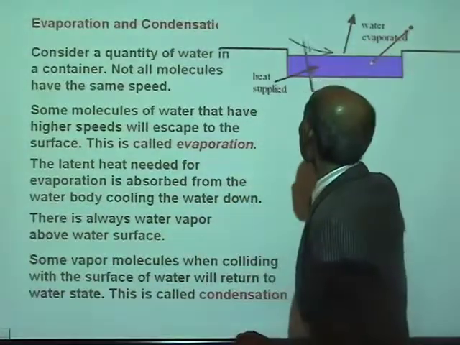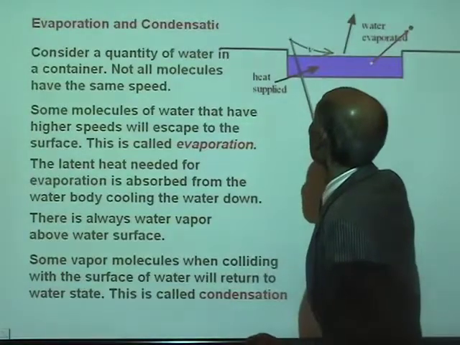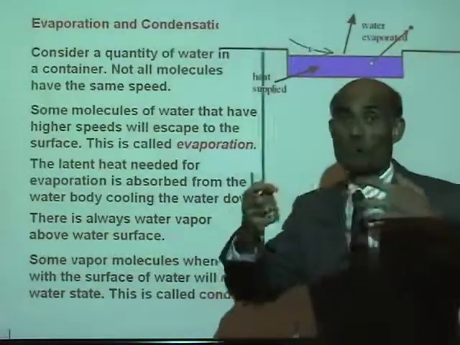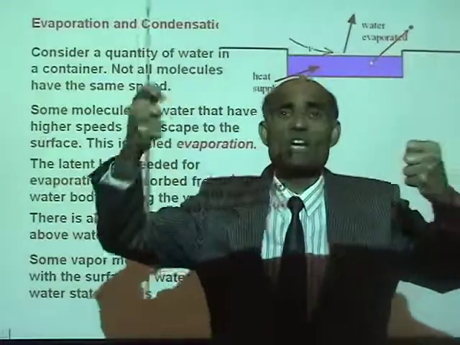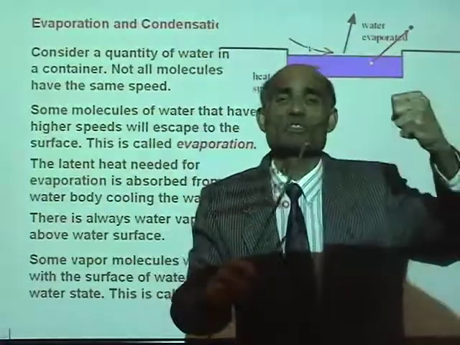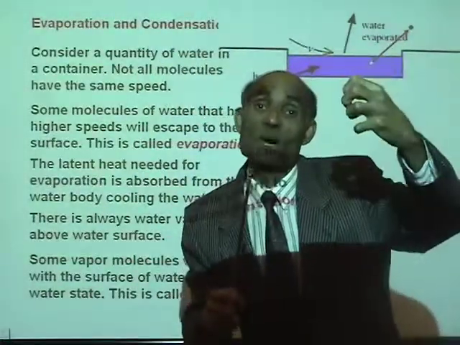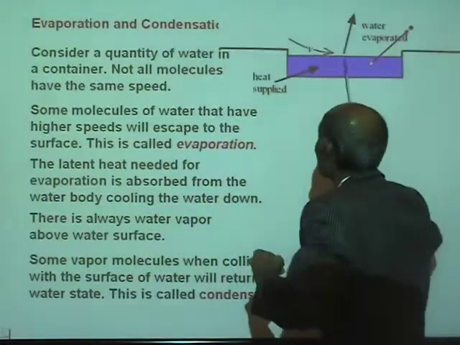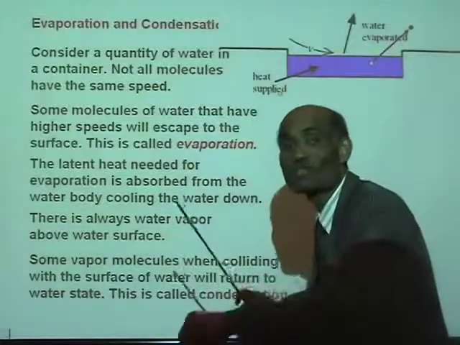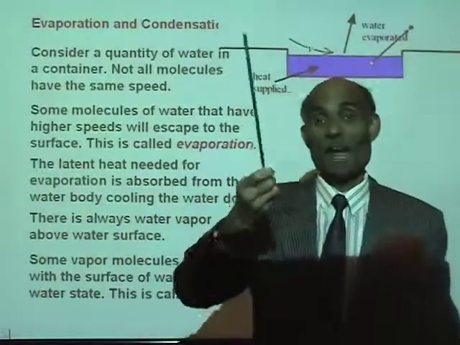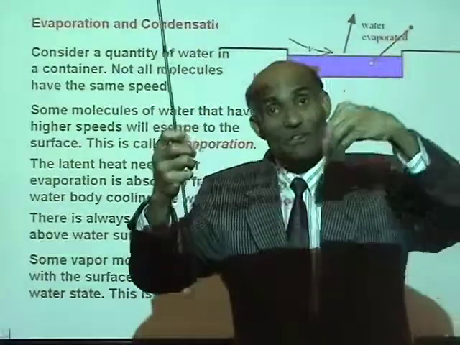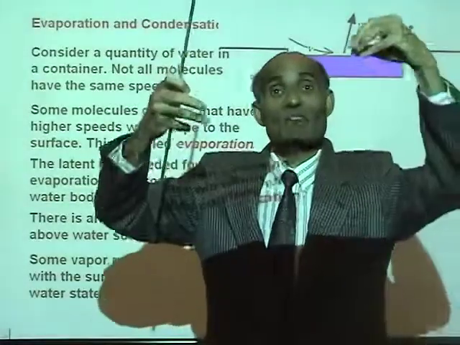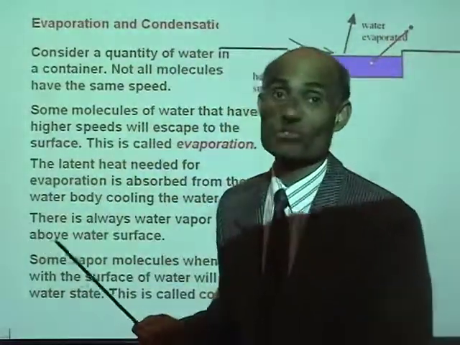Here we have a molecule of vapor. Molecules of vapor will be in a continuous state of motion, and suppose one molecule while moving comes and hits the surface, it can then return to the liquid. So evaporation and condensation happen at all temperatures.